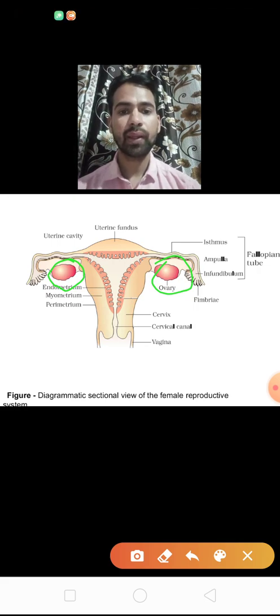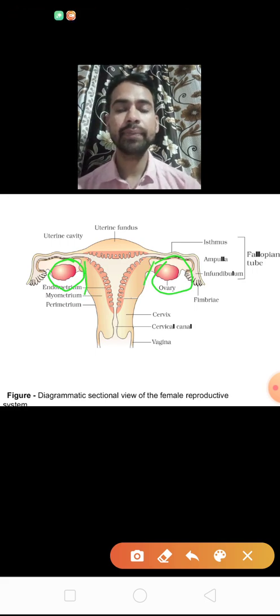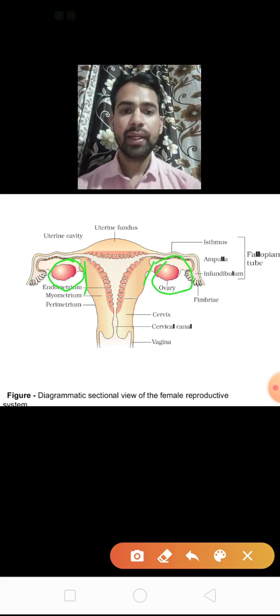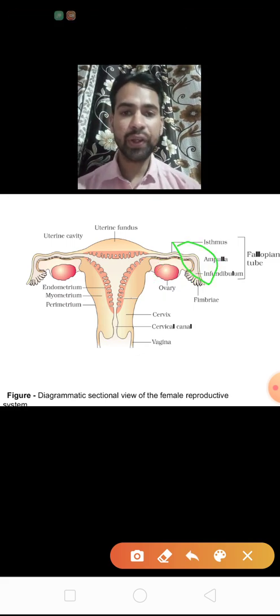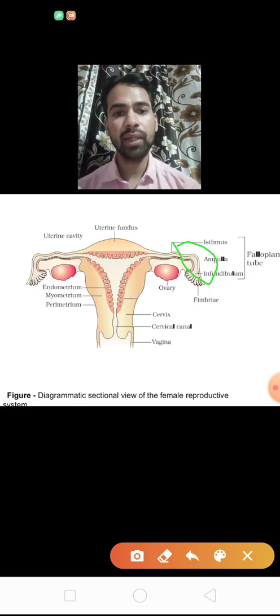The ovary is connected to the uterus by ligaments. Near the ovary, the oviduct is there. The oviduct is the fallopian tube.